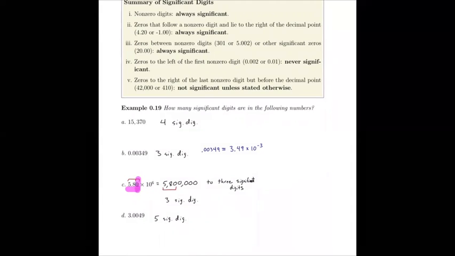This 0 is significant because of rule 2. It's a 0 to the right of the non-zero digits and to the right of the decimal place. So that tells us to what degree of accuracy this number has been measured. It's been measured out to 3 places, so it's 3 significant digits. Were we to expand it so that we had 5,800,000, we would make a note that this number is accurate to 3 significant digits, or it's precise to 3 significant digits.